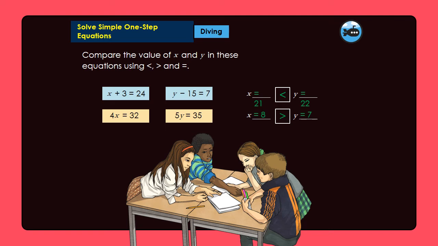For 5y equals 35, we know that 5y is the same as 5 times y, and to do the inverse, we need to divide instead. We can't divide by y because we don't know the value of y, but we can divide by 5. 35 divided by 5 gives us 7. So what's greater, 8 or 7? I know, this is so tricky. 8 is greater. Well done if you got that.